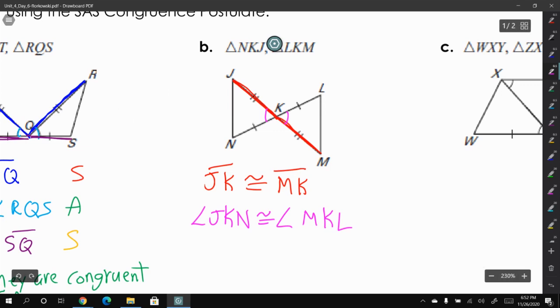Because remember, when we name angles, like JKN, that would talk about that angle there. And then we have side NK and LK as congruent. So NK is congruent to LK.